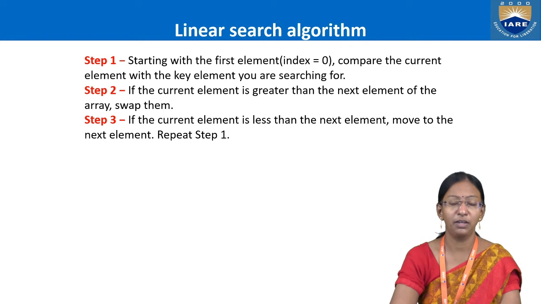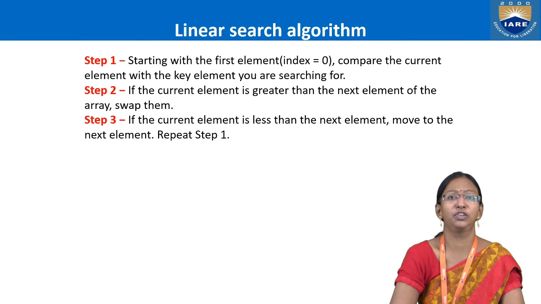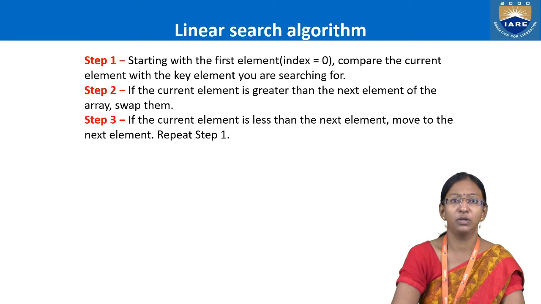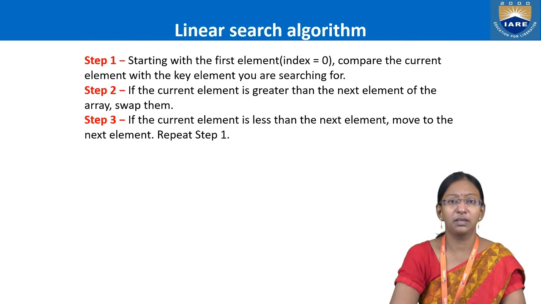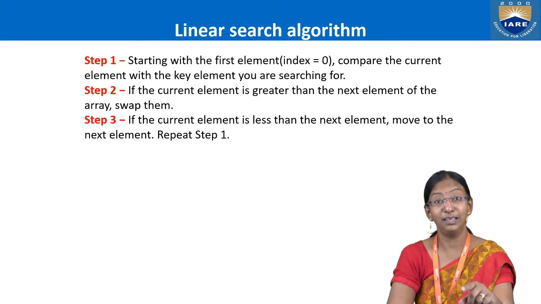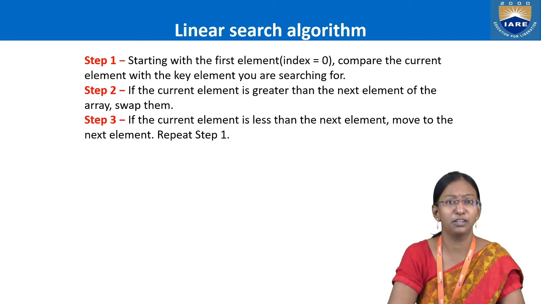If there is a match, then it is a hit. Return the index, display the index or the position, and say that the element is found at so-and-so position. If not, increment the cursor and check whether the second element is equal to the element you are searching for or not. I'll explain this with an example.